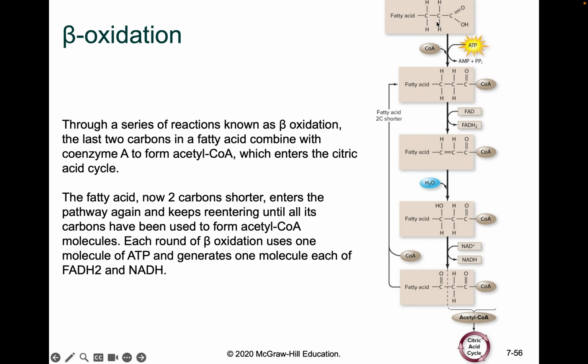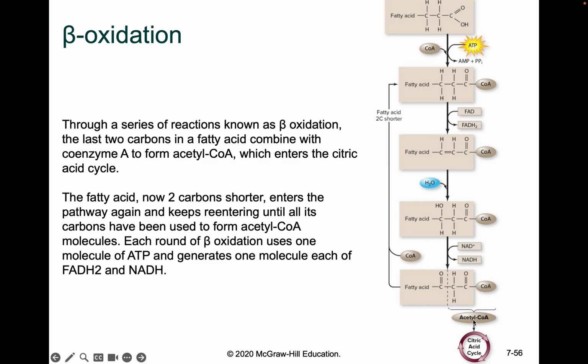So fatty acids are long chains of carbons, right? Usually these chains are even numbered, which is great because you need two carbons, so you can keep breaking these fatty acids into multiple acetyl groups. You keep breaking them and adding CoAs.